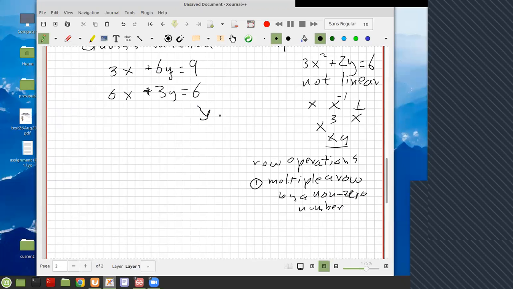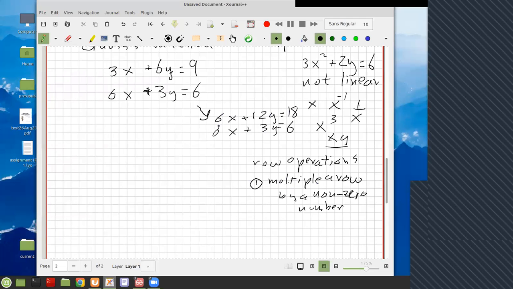So I could get here 6x plus 12y equals 18, and then 6x plus 3y equals 6. So I multiplied just one row, the first row, by the number 2. That's an example of this first row operation.